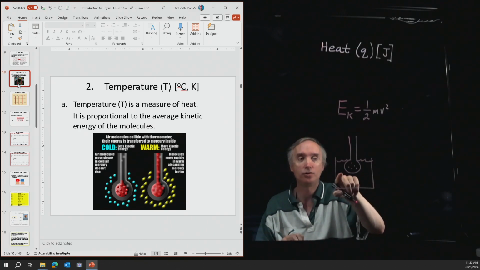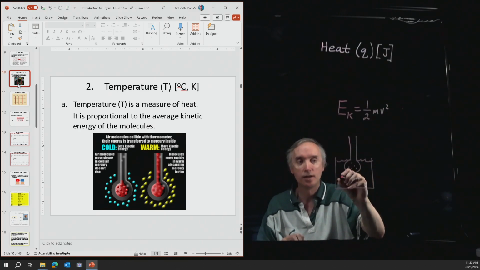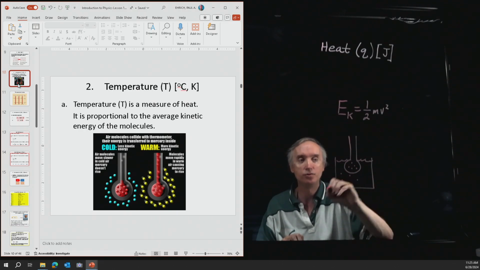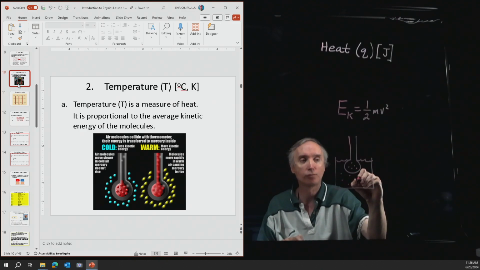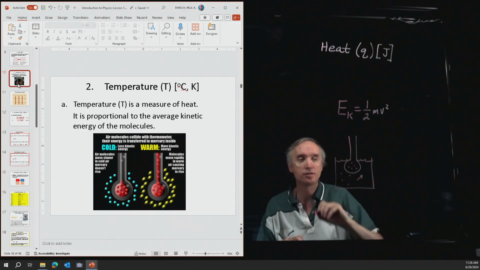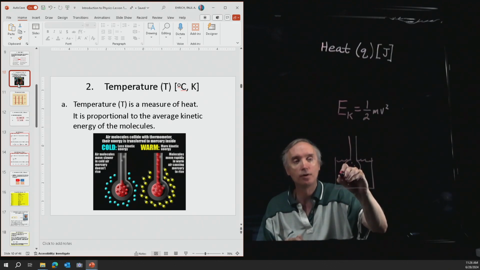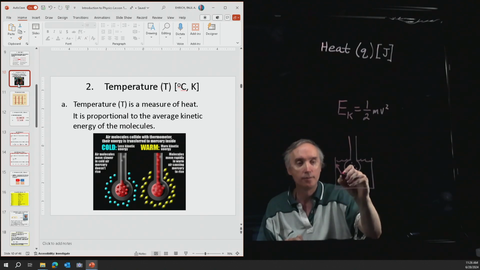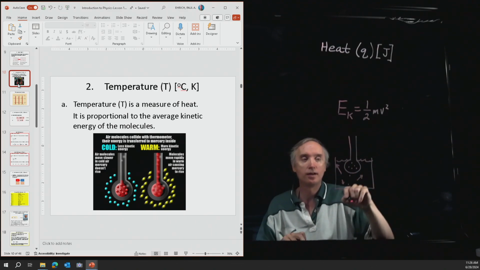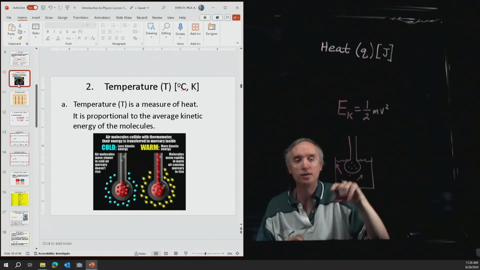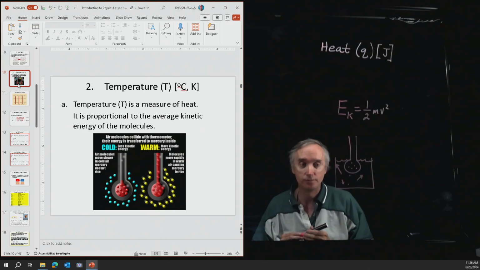Let's say it's very cool water, and the water is also made up of H2O molecules, and we said that they're going to be moving around randomly. Here's one that's moving in that direction with a certain speed, but here's one that's going faster, so we can illustrate that with a longer arrow. And here's one that's going slower. You see that all of these molecules in here have different speeds.